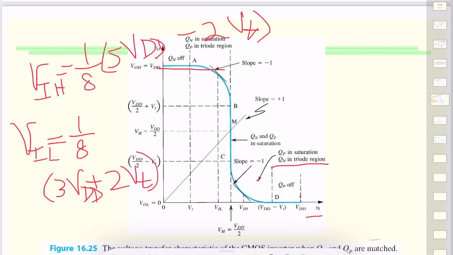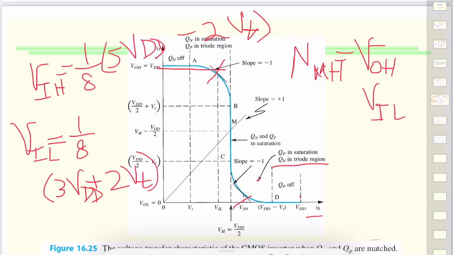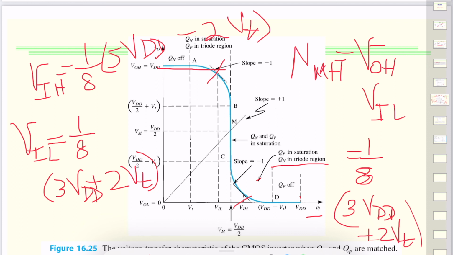The difference between these two is what will give us the noise margin, and that we can find from the difference of these two, VOH minus VIL, and that comes out to be 1/8 times 3 times power supply plus 2 VT, twice the threshold voltage.